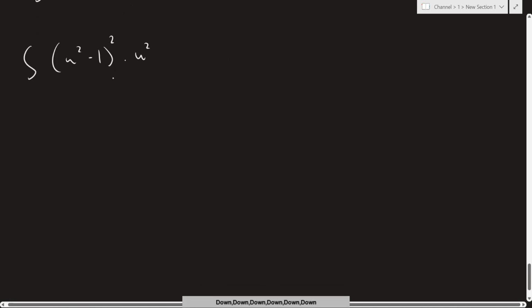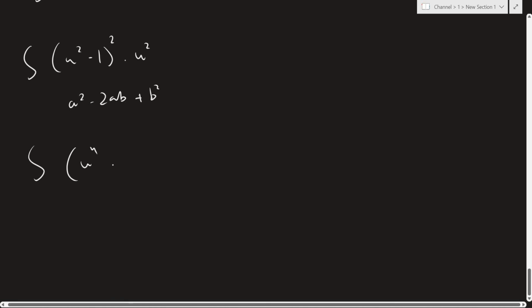So, in order to expand this, we use a squared minus 2ab plus b squared. So what's going to happen is that it's going to be u power 4 minus 2 times 1 times u squared, so 2u squared, plus b squared, which is 1 squared, which is basically 1. And then this times u squared. So it's going to become u power 4 times u power 2 is u power 6, minus 2u power 4 plus u squared.